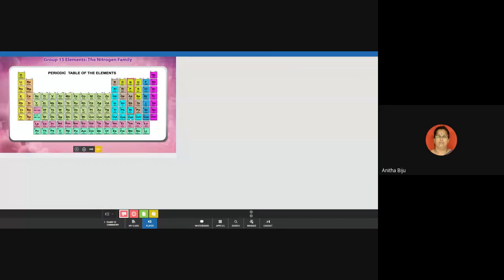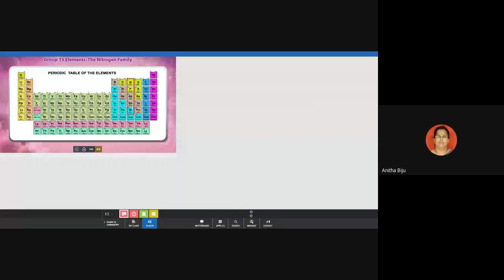Out of the 5, the first 2 elements are non-metals. Nitrogen and phosphorus are non-metals. Arsenic and antimony are metalloids. Bismuth is a typical metal. Okay. So this is general information regarding group 15 elements.